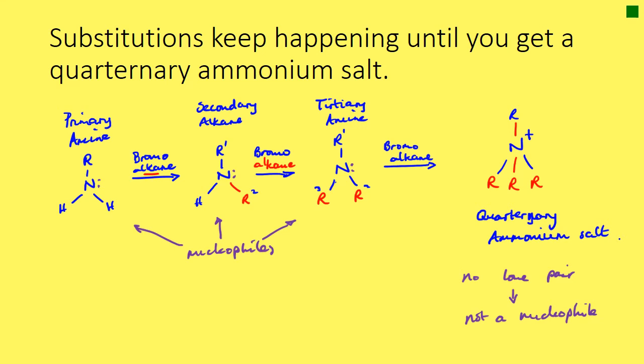group and two hydrogens, but then one of those hydrogens is going to get substituted by the alkane bit of the bromoalkane.